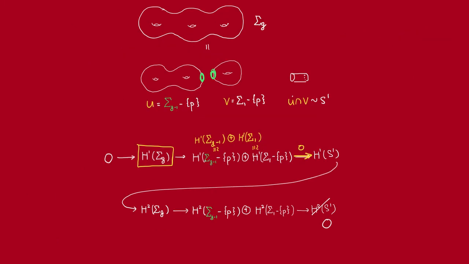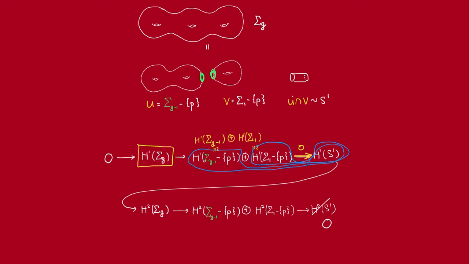Now observe that that pullback map is the same as this map here. Since this map is induced by the inclusion of S1, this green circle, right, into this surface minus a point. So this pullback map here is 0, and similarly, this map here on this component is also 0.